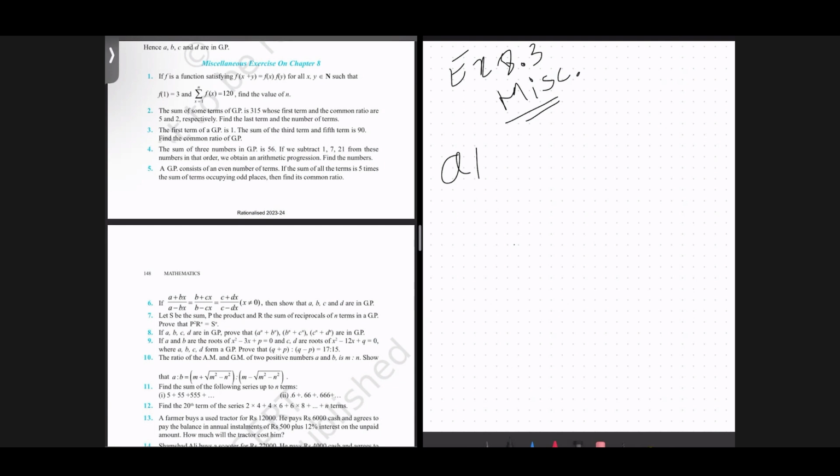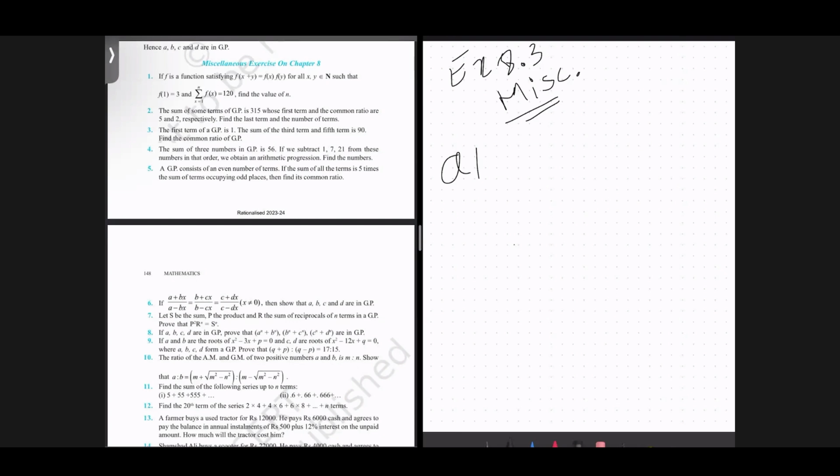If f is a function satisfying f of (x plus y) equals f of x into f of y for all x, y, such that f of 1 equals 3 and the summation of f of x for x equals 1 up until x equals n equals 120, find the value of n.